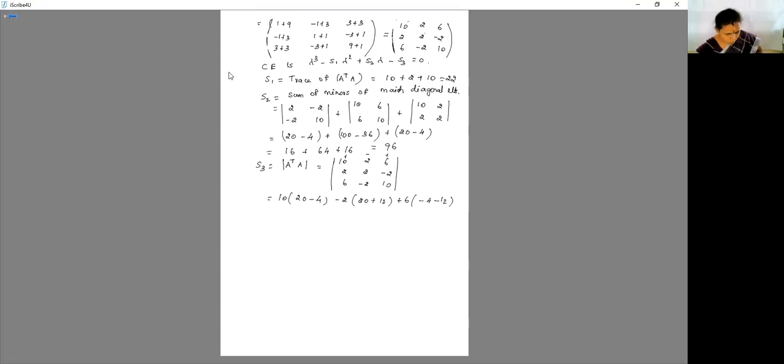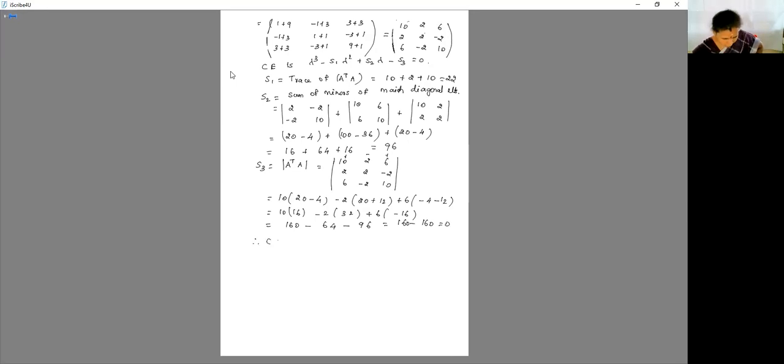So this is 10 times 16 minus 2 times 32 plus 6 times minus 16. So 10 times 16 is 160, minus 64, minus 96. So it is 160 minus 160, so the total will be 0.